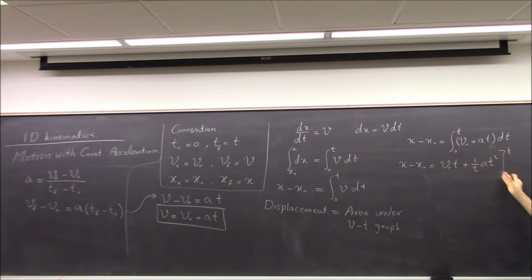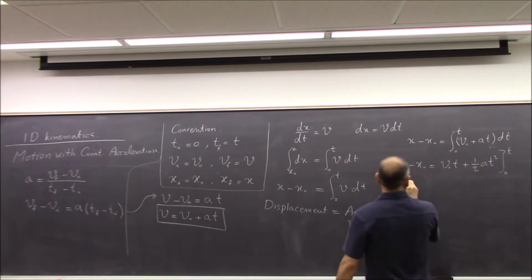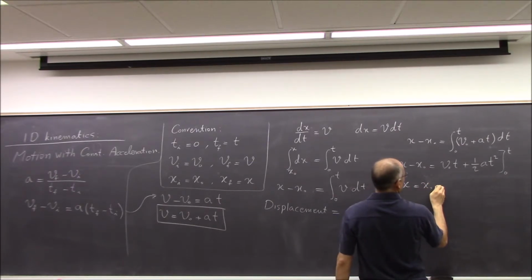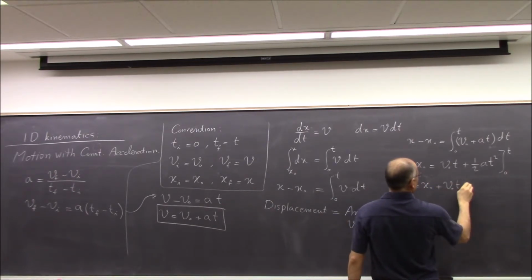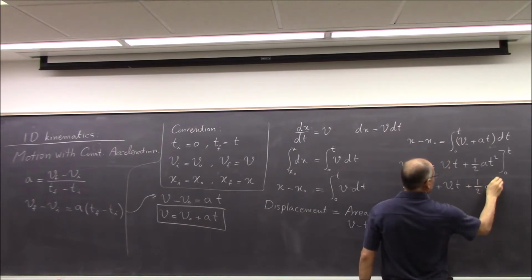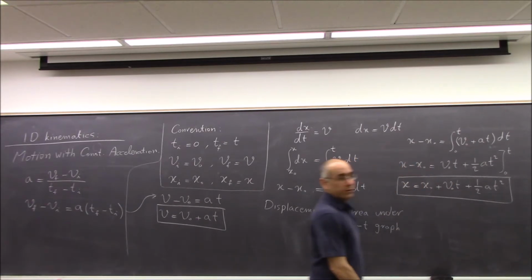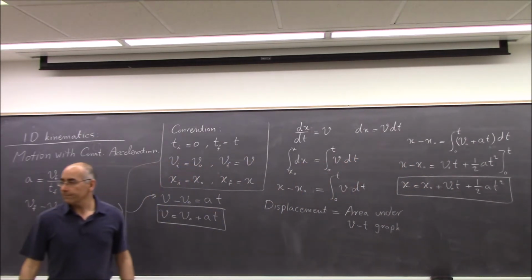So for 0 it's all 0, for t is the same thing. So when we move this x over, x becomes x naught plus v naught t plus 1/2 a t squared, which is our second equation for constant acceleration motion.